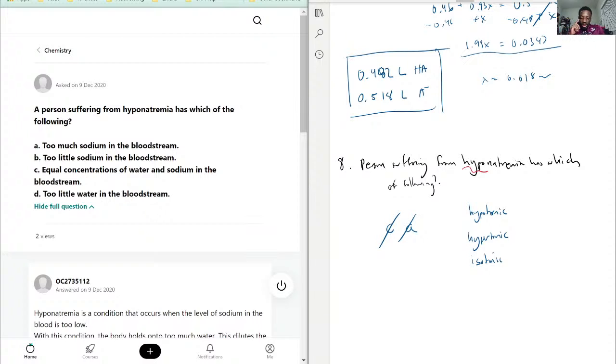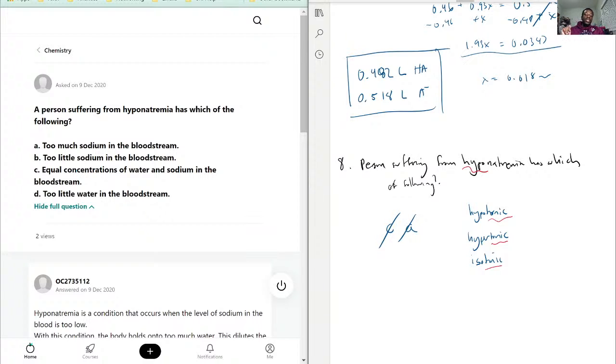Specifically when you're talking about solutions, what I've noticed is that whether it's tonic or natremia or other types of hypo and hyper that you might see, they usually refer to the solute in it, not the solvent. And water is typically always the solvent.